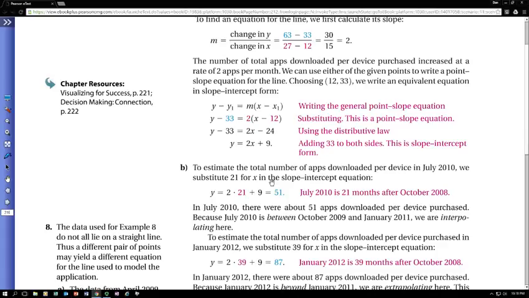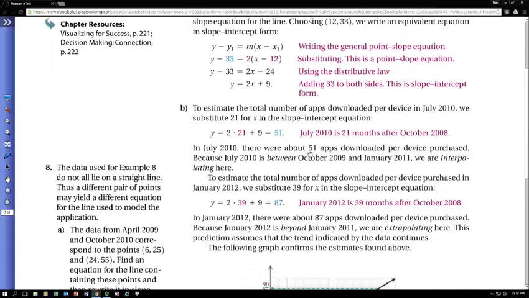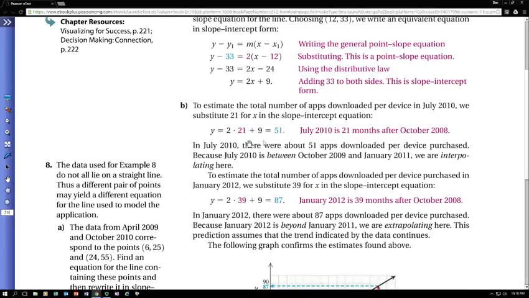I put 2 times 21 plus 9, and I get 51. So based on this value, which is really in between October 2009 and January 2011, I got an interpolation of 51 for that value. Okay?